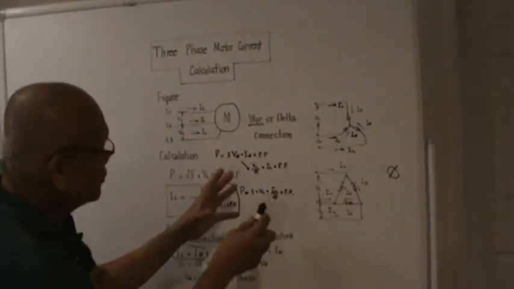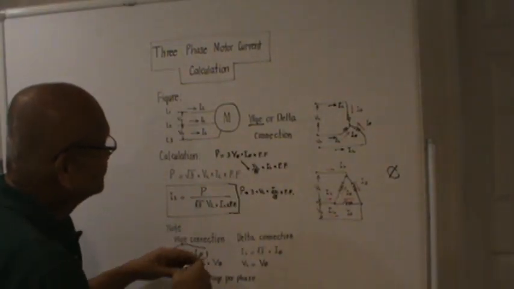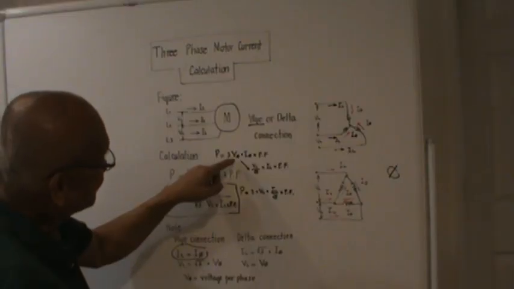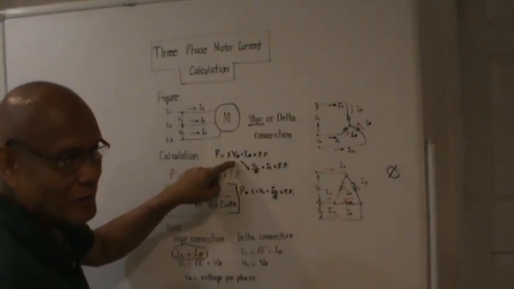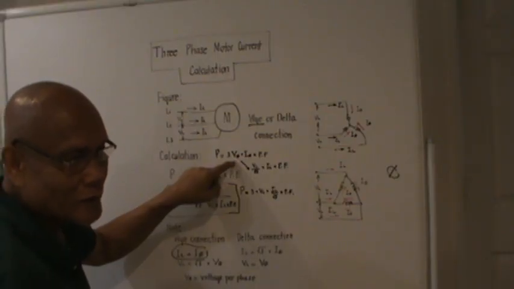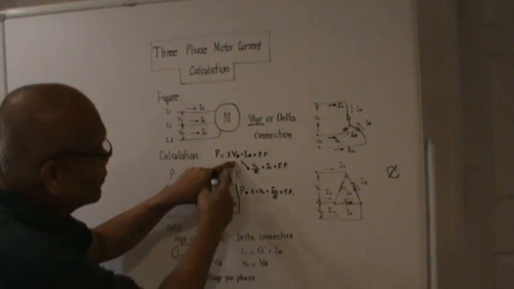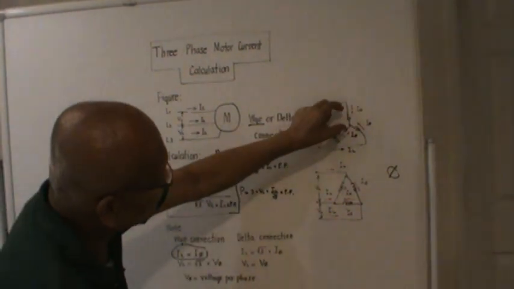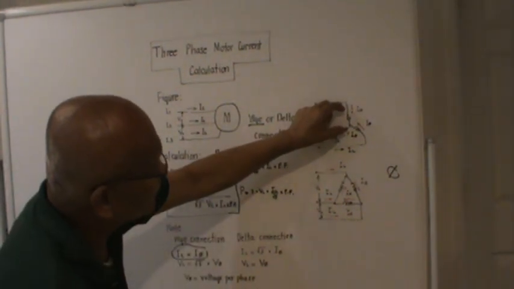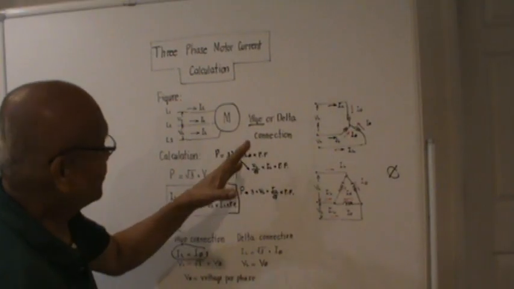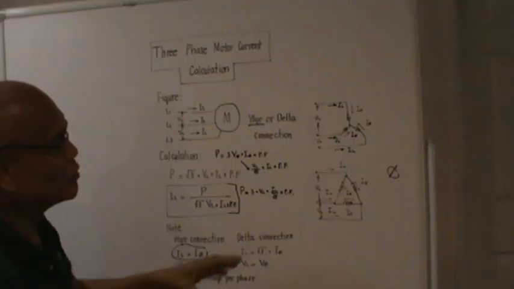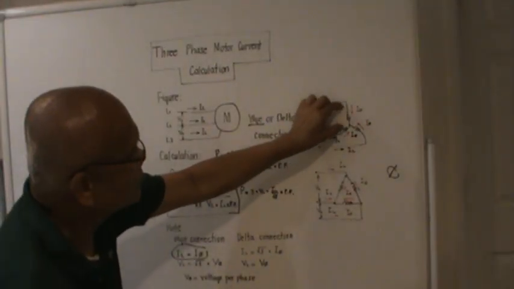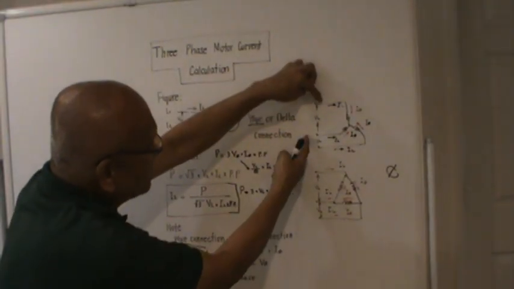Now if we consider a Y connection, voltage per phase in terms of line voltage, because if we are given a motor, what is actually given is the line voltage. To compute the phase voltage, the voltage across one winding, there is a relation for a Y connection between the phase voltage and the line voltage.